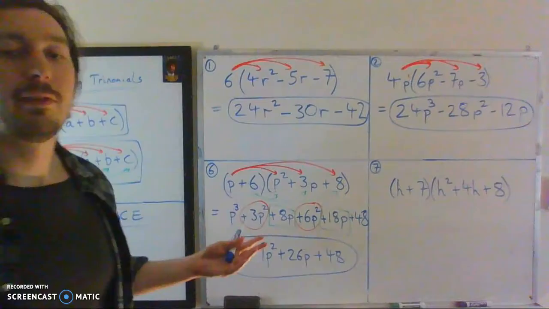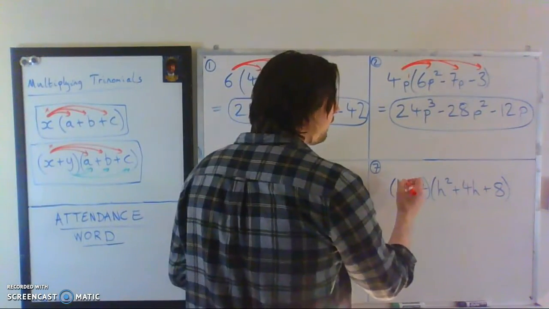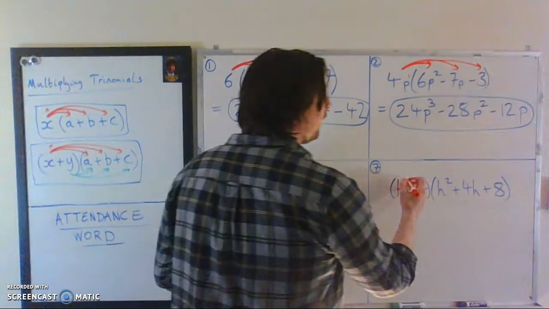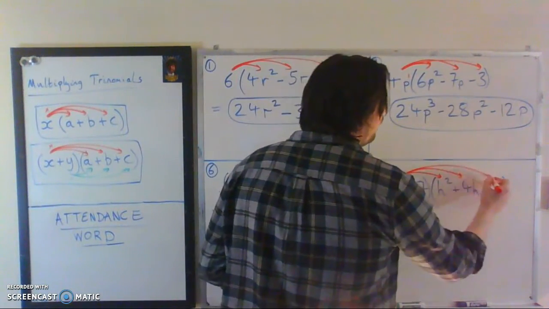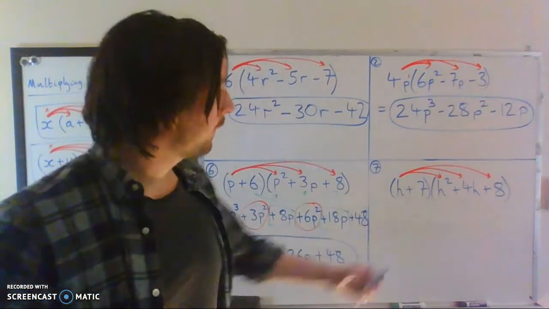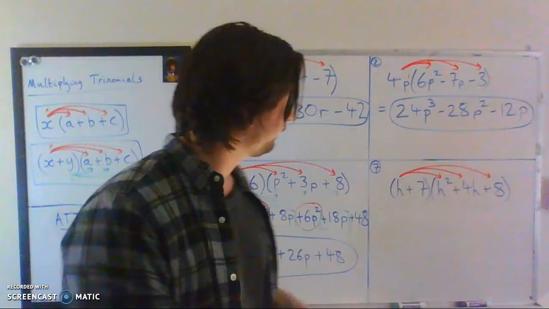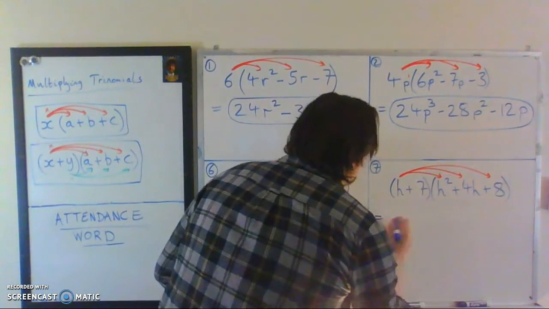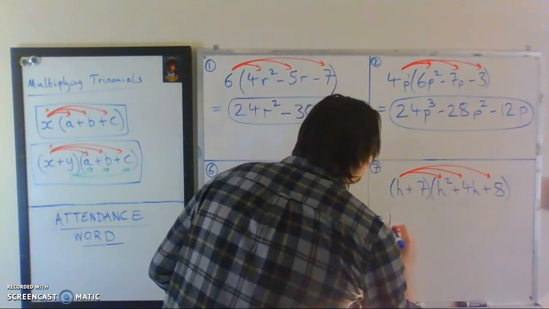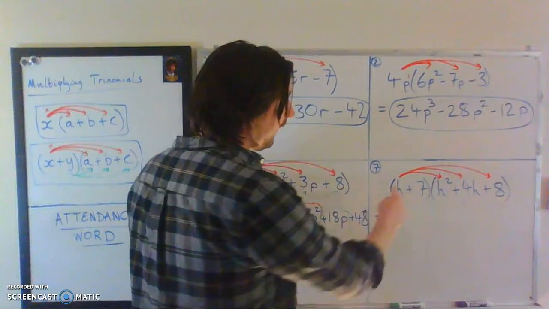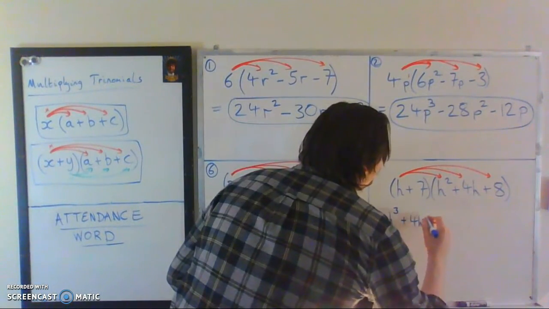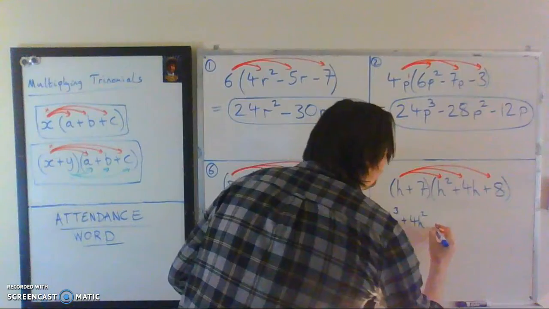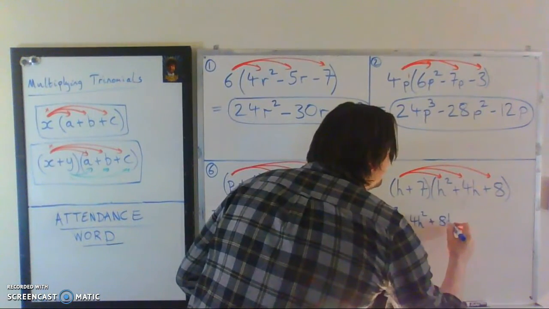So 7, same as 6. I'm going to take my first letter. My first thing is H. I'm going to distribute that on all of the other parts of that bracket. H times H squared, H3. H times 4H, 4H squared. H times 8, 8H.